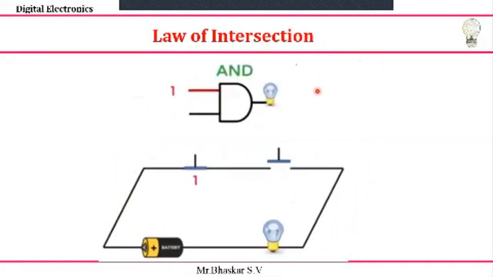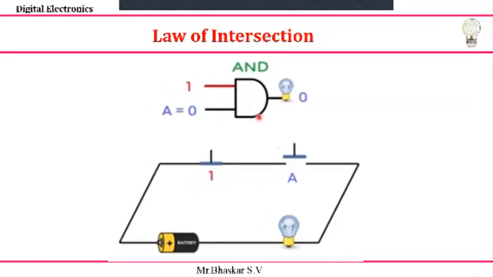Next is the law of intersection. Here I'm going to make one switch a constant, which is always 1. The other switch I'll take as a variable, A. Suppose A is equal to 0, then the AND gate gives 1 and 0, so I get 0 only.